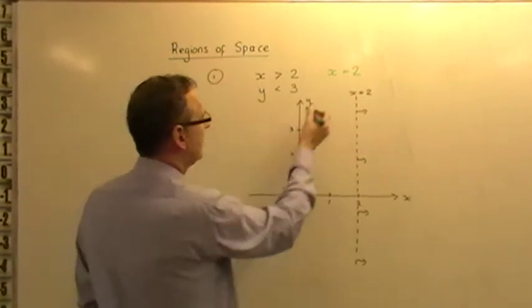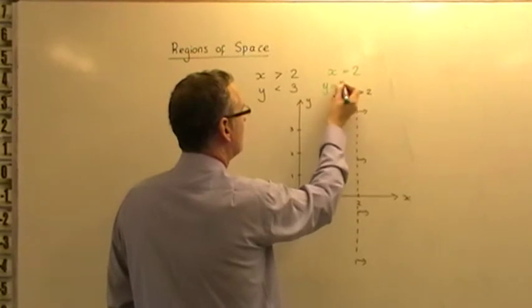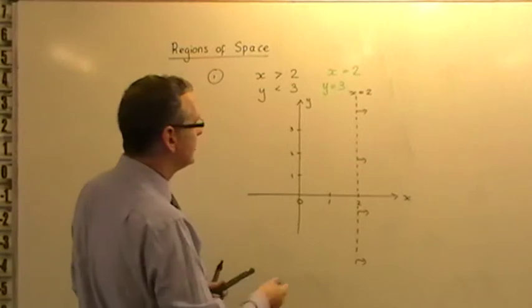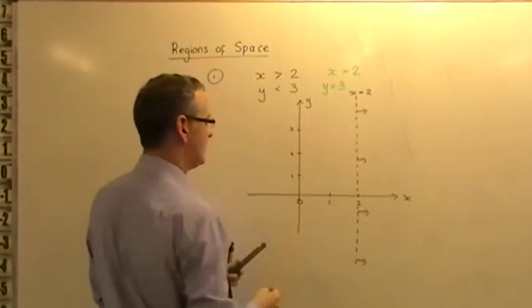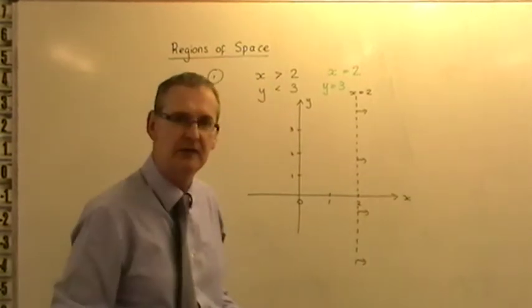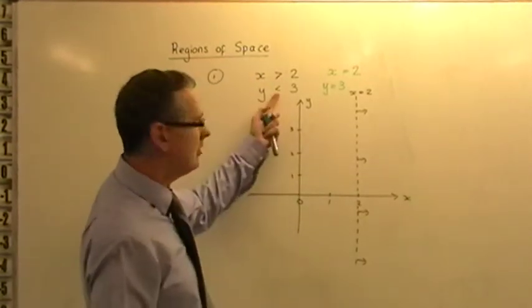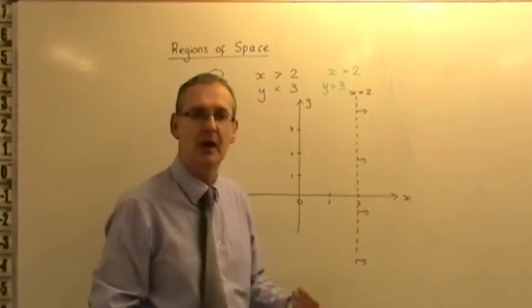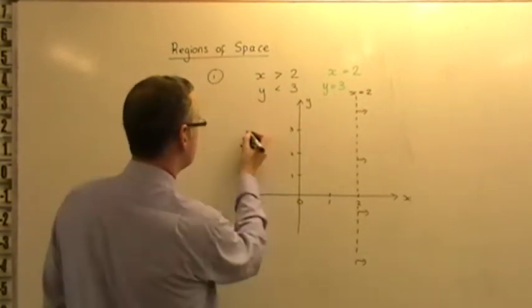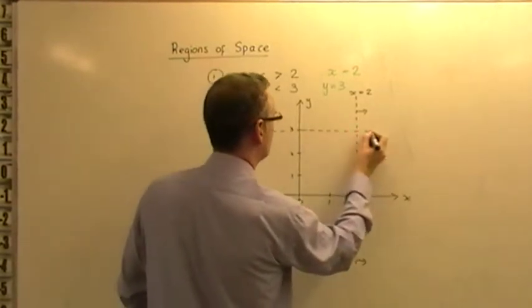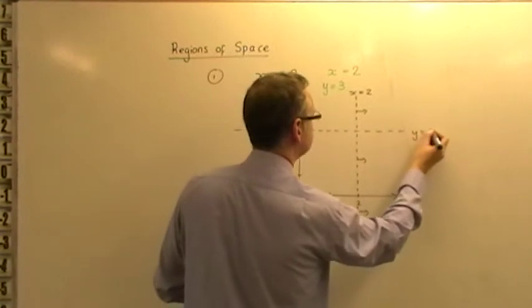In the same sort of way, the second of the boundary inequalities needs to come from y less than 3. So I draw the boundary line itself, y equals 3. That means you go to the y-axis at 3 and you draw a horizontal line from our straight line graph work. There is no equality symbol there, so points on the line itself, y equals 3, are not allowed. So I need to do a dotted line at y equals 3 and label it.